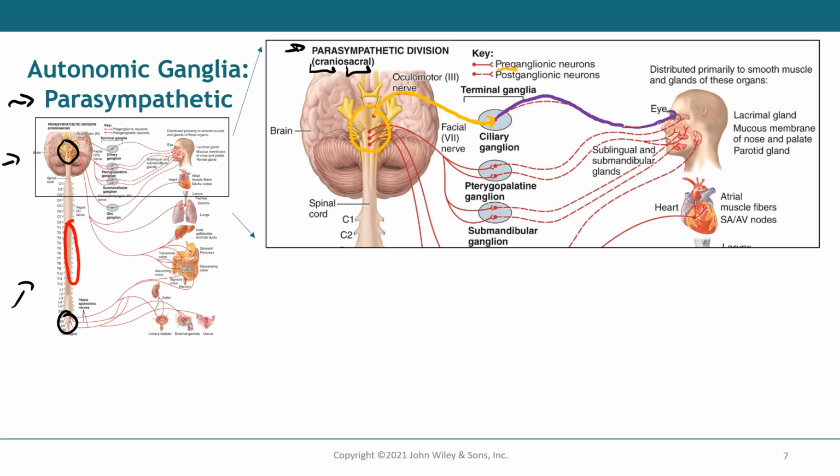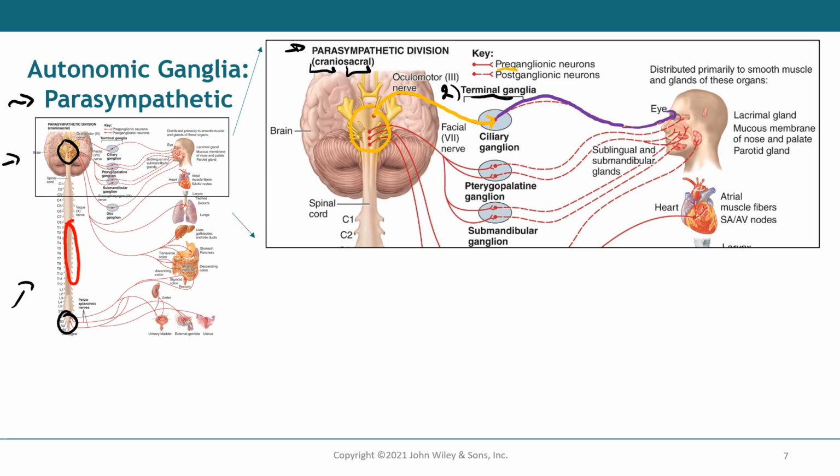Second difference, here you see that there is no trunk ganglia or prevertebral ganglia. Here we have the terminal ganglia. That is this collection of ganglia, and the terminal ganglia is intramural. It's very close to the organs that they are going to innervate. It will be within the walls or close to the walls.